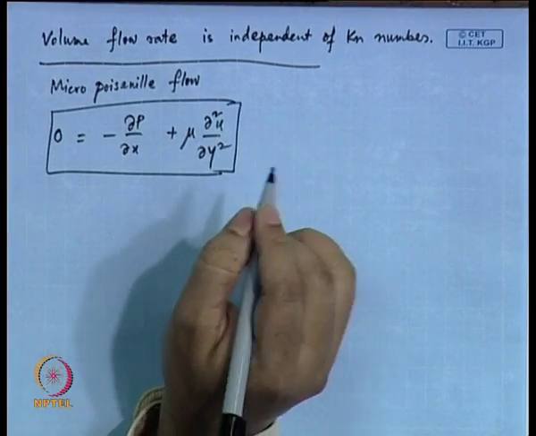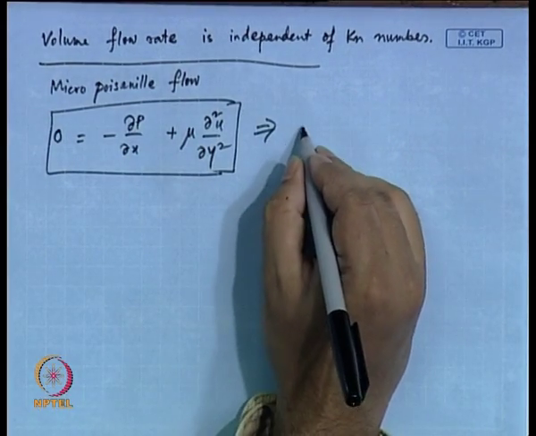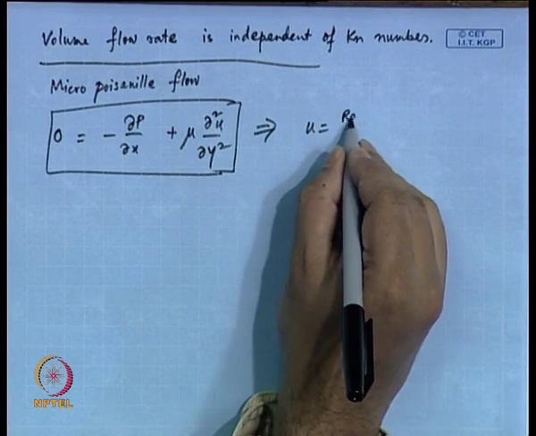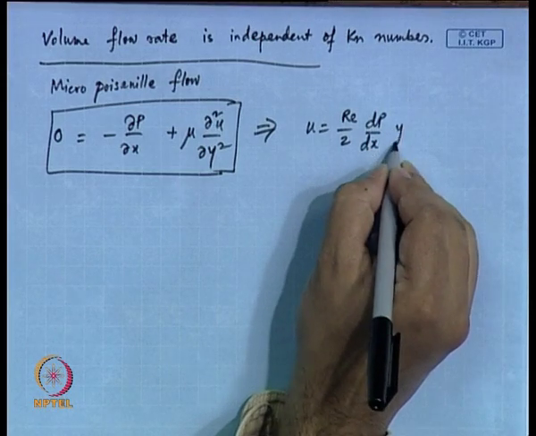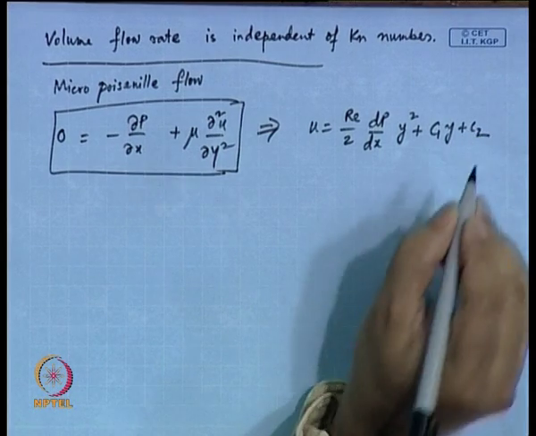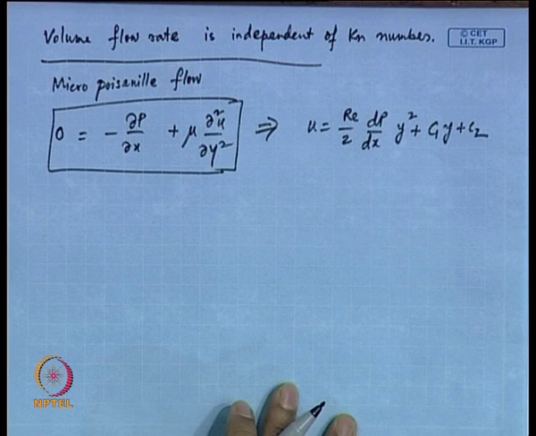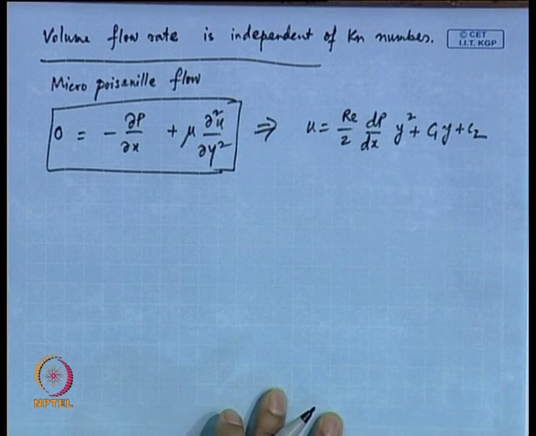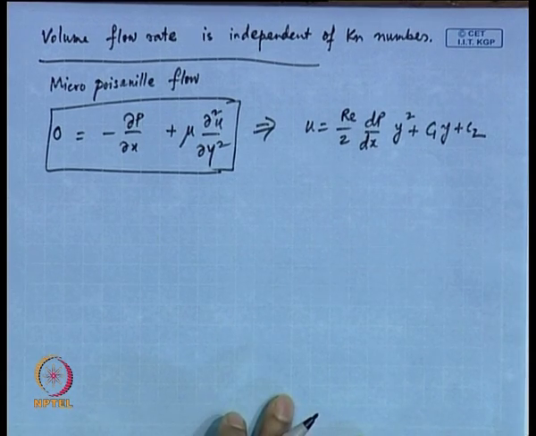So the solution here is Re by 2 dp dx, that is the pressure gradient, y square plus C1 y plus C2. This is the form of velocity.